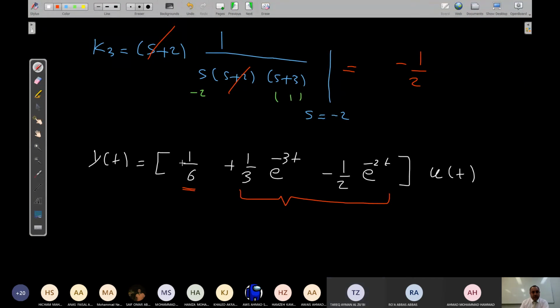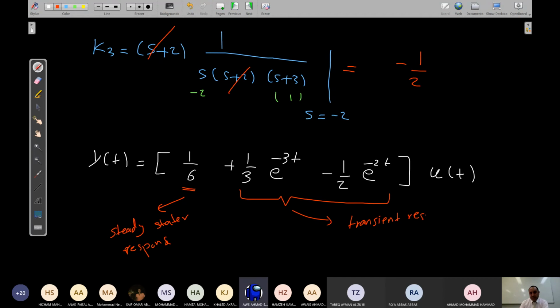Because this response will stay after t goes to infinity, and these terms will vanish. So this is what we call the steady state response, and this is what we call the transient response.